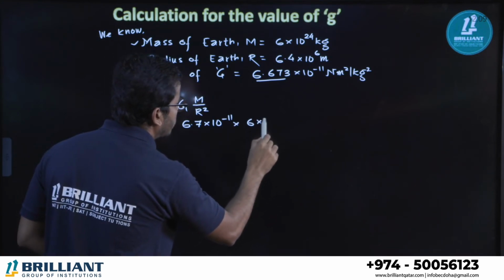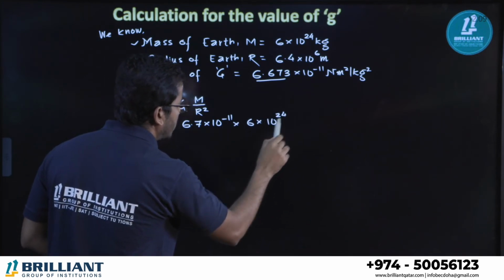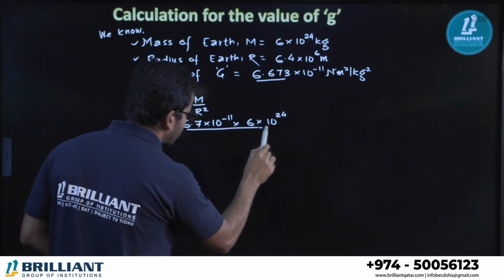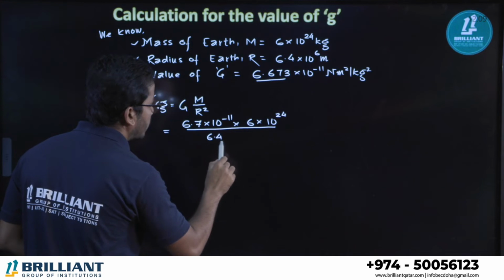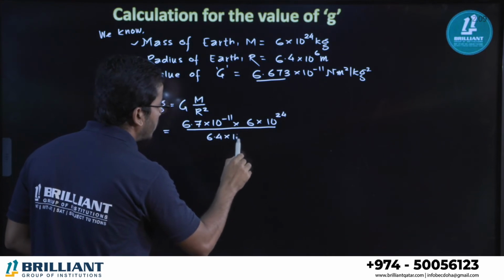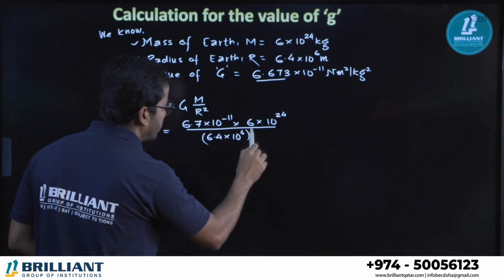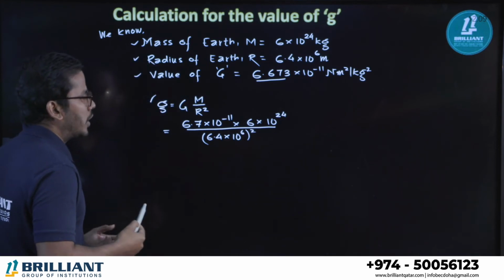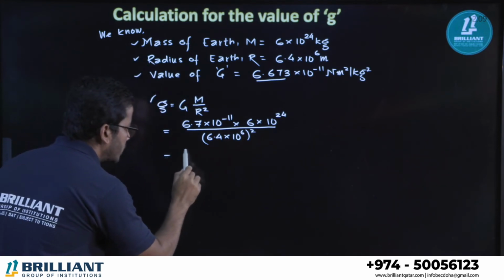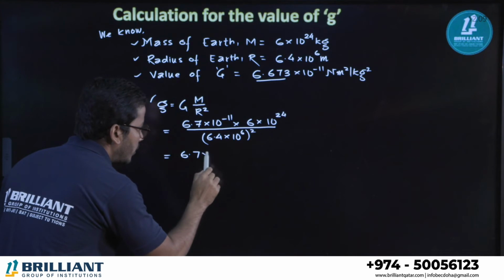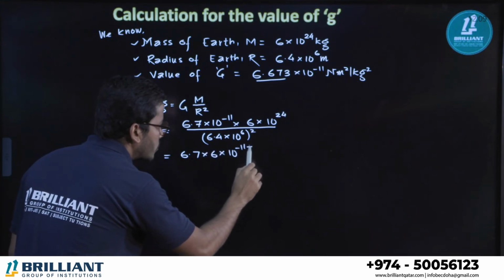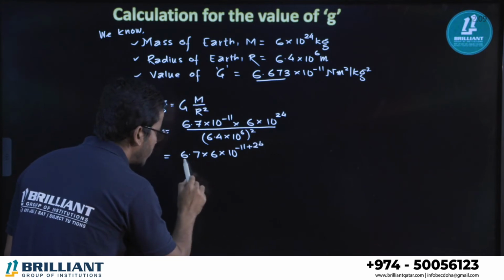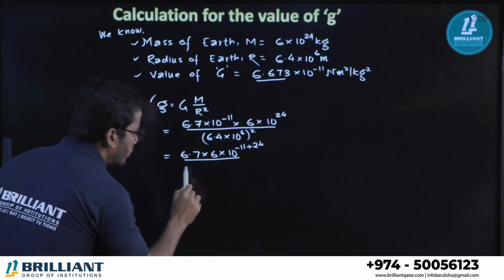6 into 10 raised to power 24, divided by the radius square, which is how much? 6.4 into 10 raised to power 6, whole square. Perfect. So what are you going to do next? You will simplify. So let me arrange it. 6.7 into 6 into 10 raised to power minus 11 plus 24, divided by 6.4.